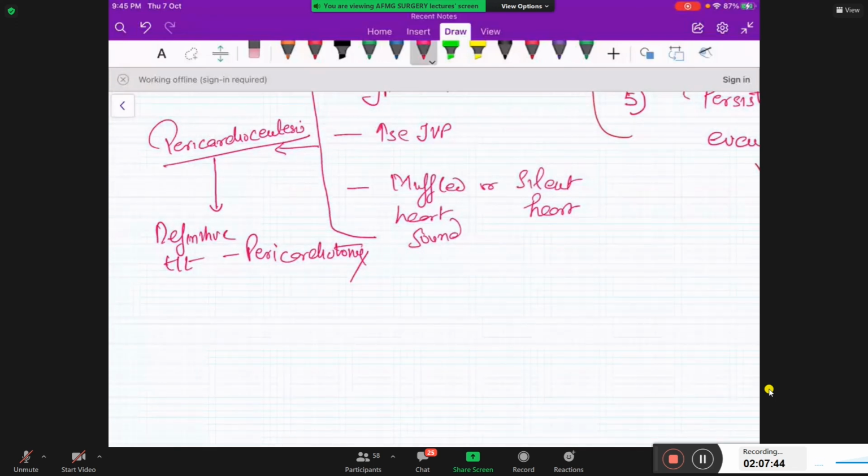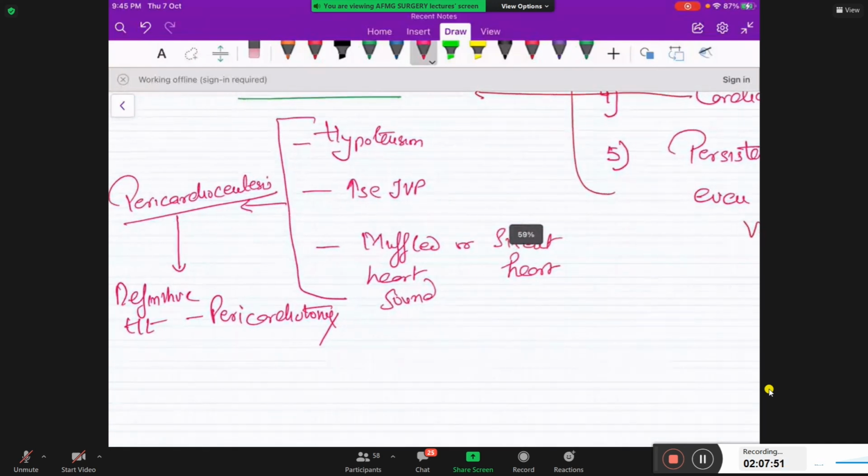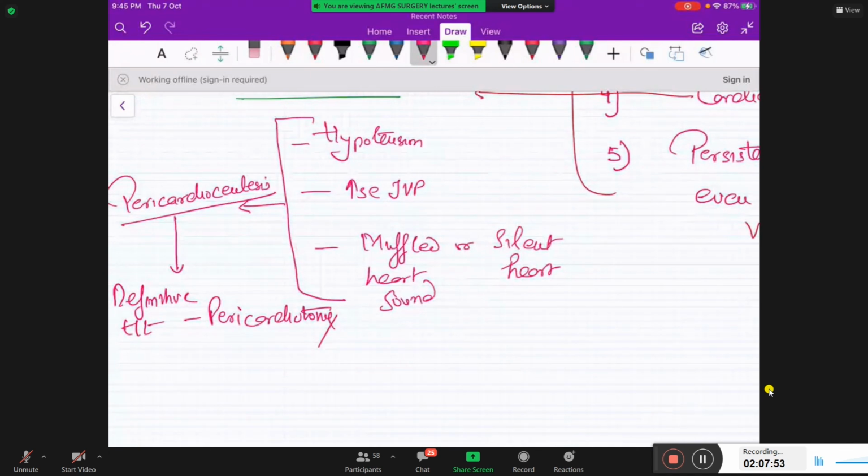Now, very important question. Let me ask you. If you can recall, hypotension and raised JVP was there in tension pneumothorax also. Hypotension and raised JVP is here also. So, how will you know in a given question the patient has a tension pneumothorax?